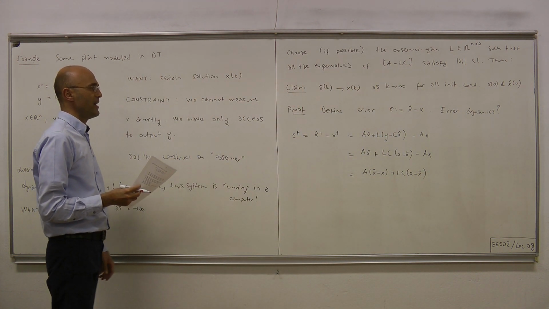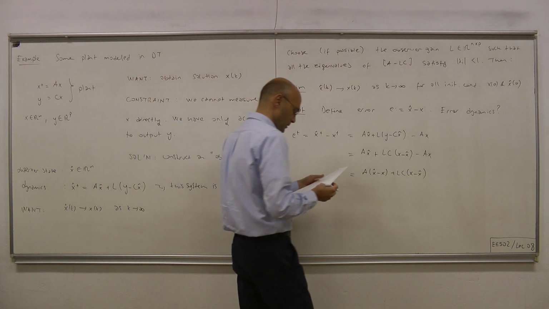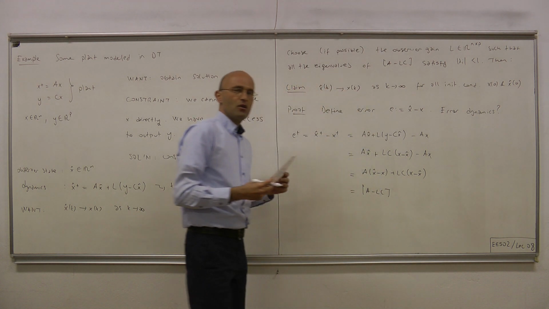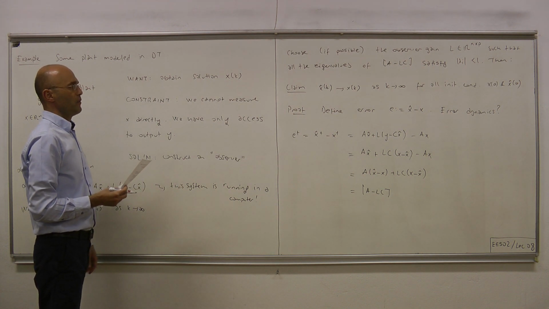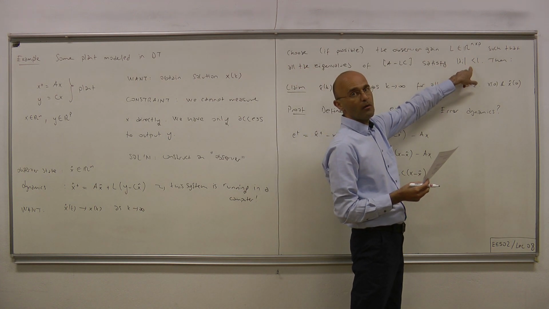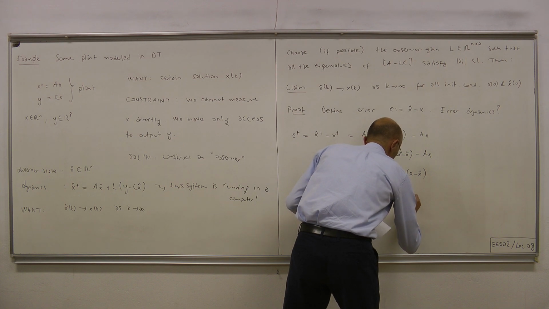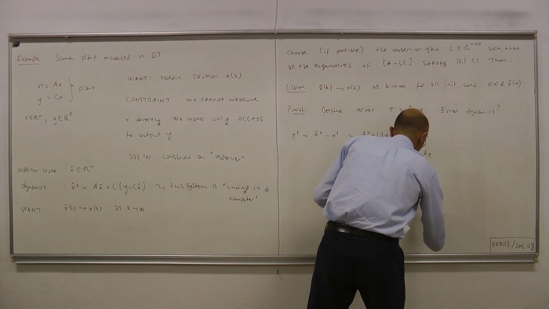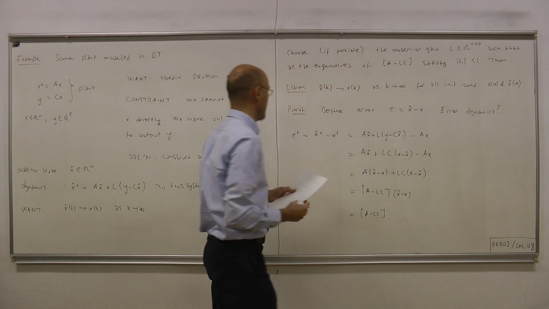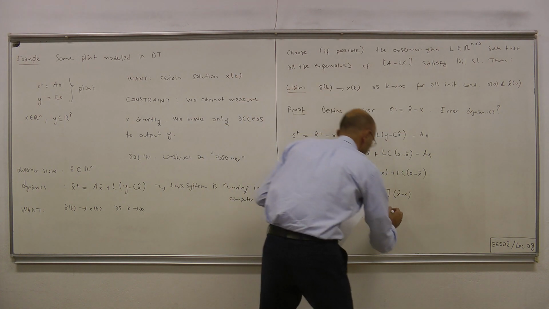This whole thing we can write as something times (x hat minus x). That something is no other than the matrix whose eigenvalues we were careful to choose. That equals A minus LC times, since this is no other than the error, e.